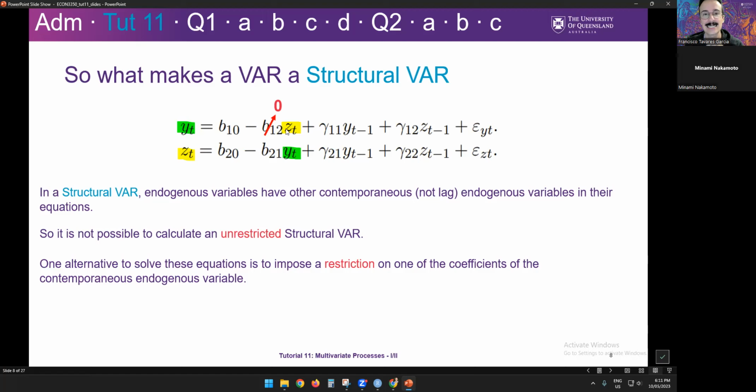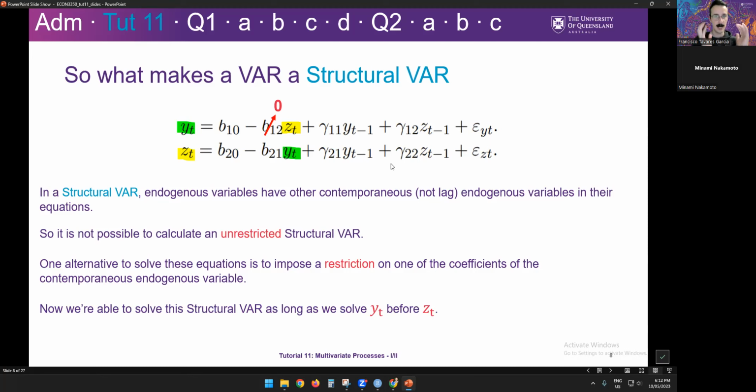It will only impact yt in the next quarter, when this zt will be important for the next equation. So by imposing these restrictions, we make someone not react instantly to one variable. This is a little bit the motivation behind the restrictions. And pretty much what I'm saying is we can solve this equation, right?